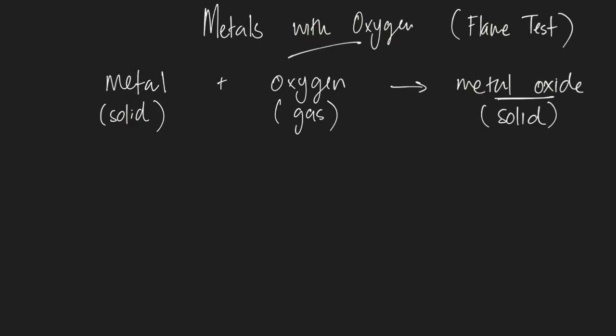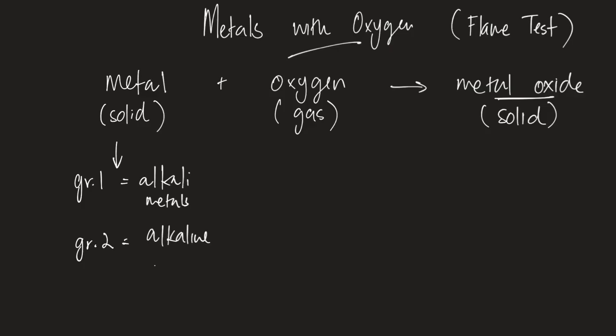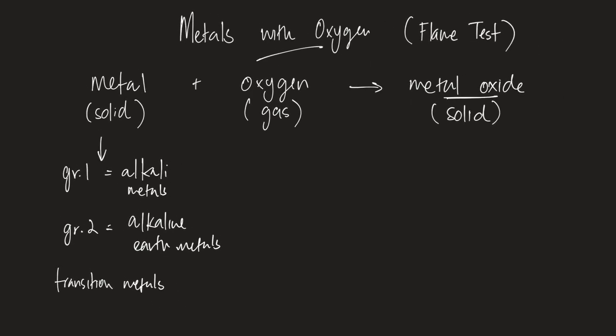So when I look at the metals, your options can either come from group 1, which is your alkali metals. They can come from group 2, which are your alkaline earth metals, or they can come from the transition metals. And common transition metals that they like to use are things like zinc, copper, lead.